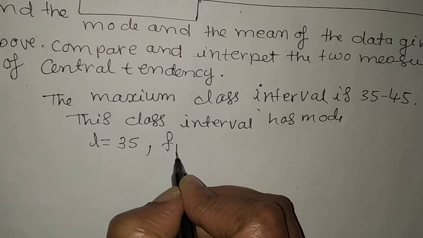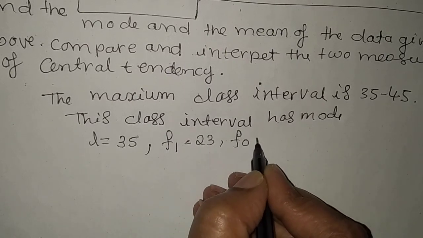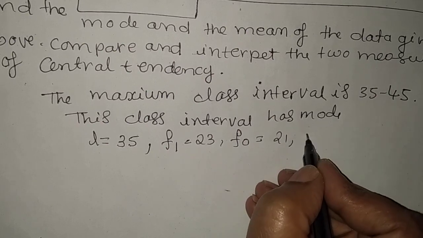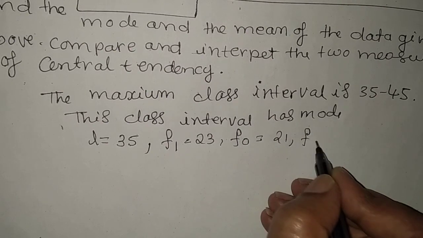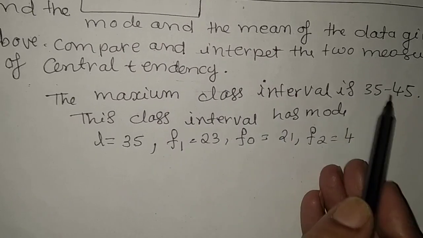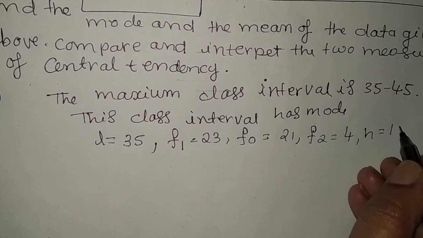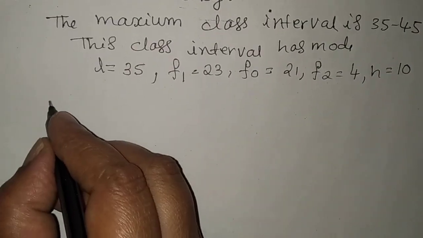Then F1 write down 23 and F0 21 and F2 is 14 and H, that is the difference, 35 to 45, H is equal to 10. Now we have to calculate the mode.